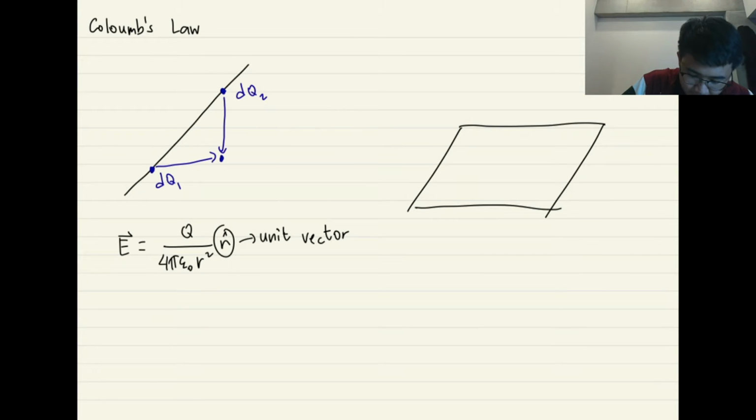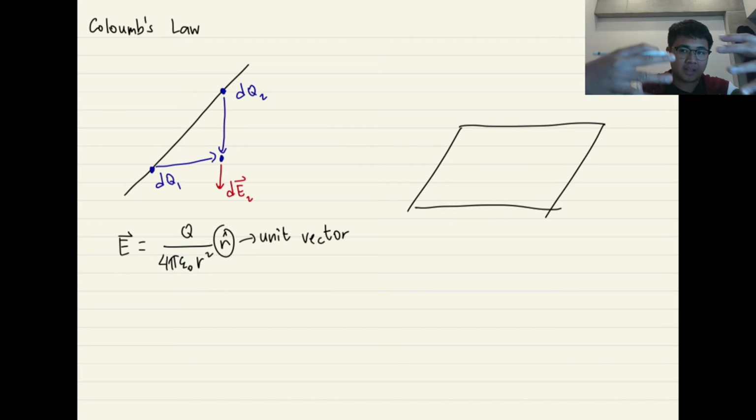So this charge dq2 has a small electric field that is from itself, it's contributing an electric field at a point in space. Same goes with dq1.